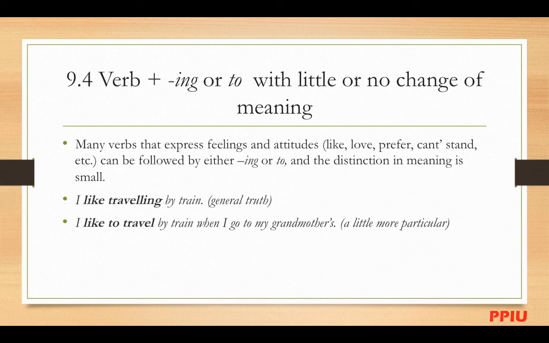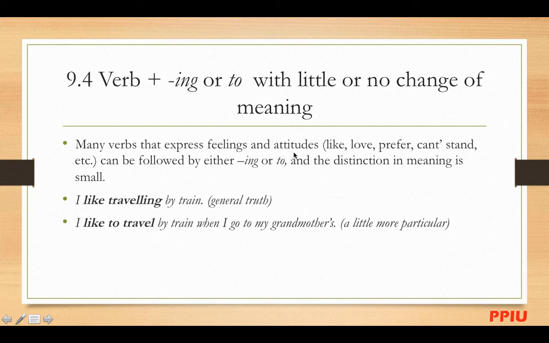And then there's the verb plus ing or to with little or no change of meaning too. This is another special case. You can see many verbs that express feeling or attitude.